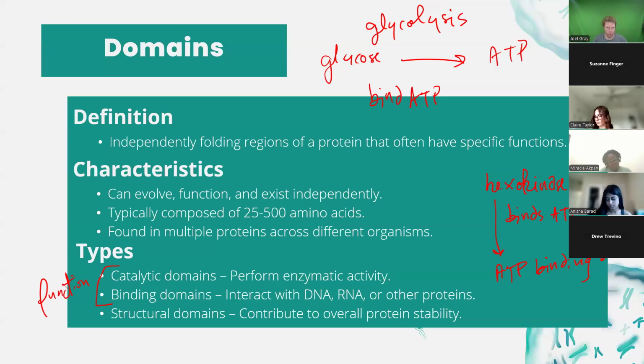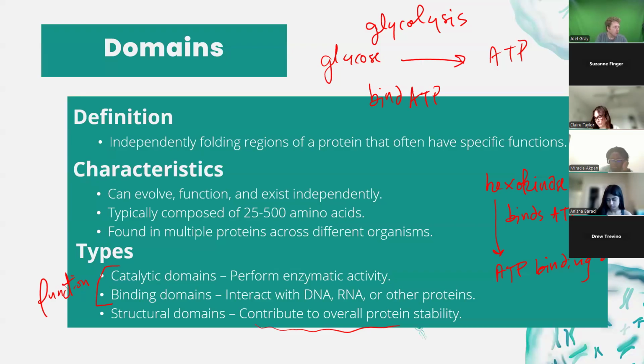Now, a structural domain is a little bit trickier. Structural domains are going to be, again, parts of a protein. What they are going to do is they are going to contribute to the overall structure of a protein and the stability of a protein.